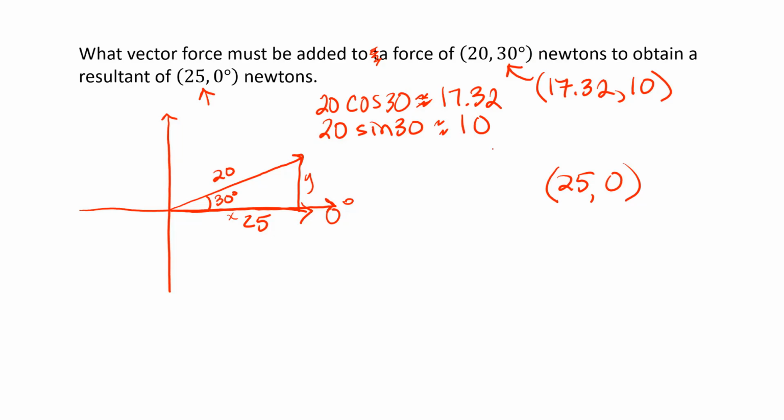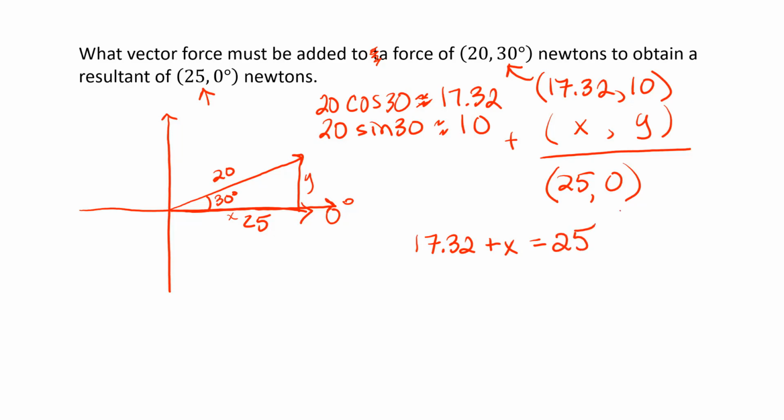All right, so what we want to find out is what we need to add to that vector to get this vector, because that's what the problem says. What vector force must be added to a force of 20 30° newtons to obtain a resultant of 25 0° newtons. So we need to figure out what x and what y we would add to get 25, 0. So we just need to figure out what do you add to 17.32 to get 25.